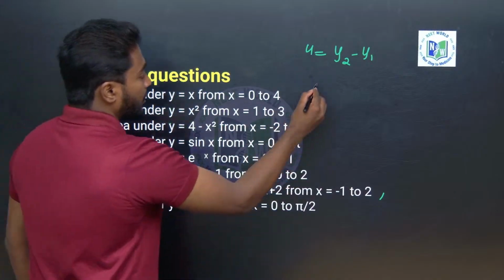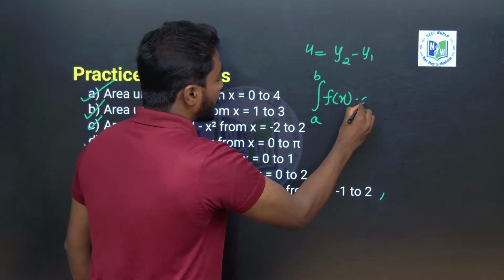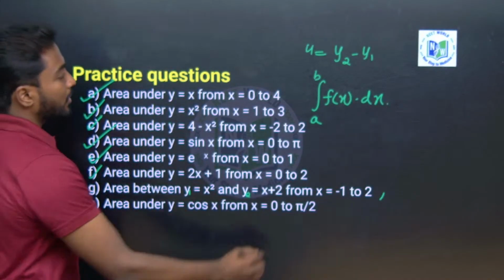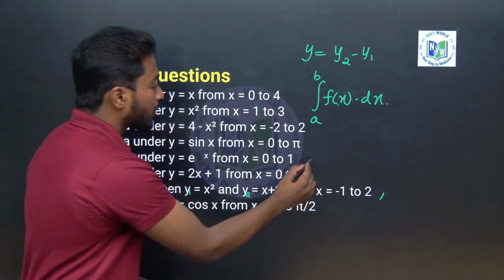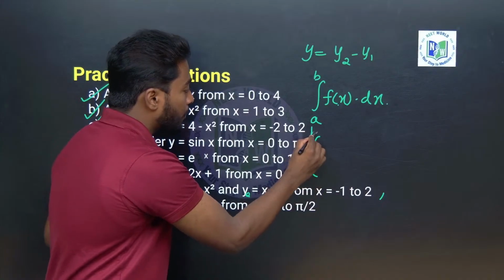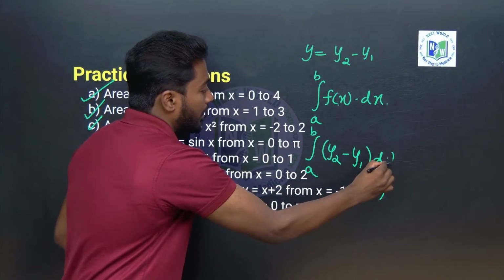Now take the integral a to b f of x dx. In this case f of x is y2 minus y1, so integral a to b, y2 minus y1 into dx.